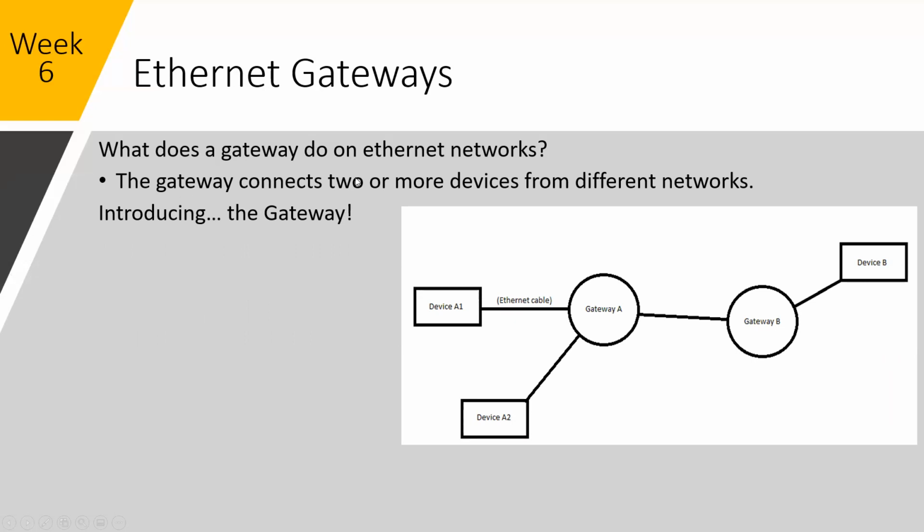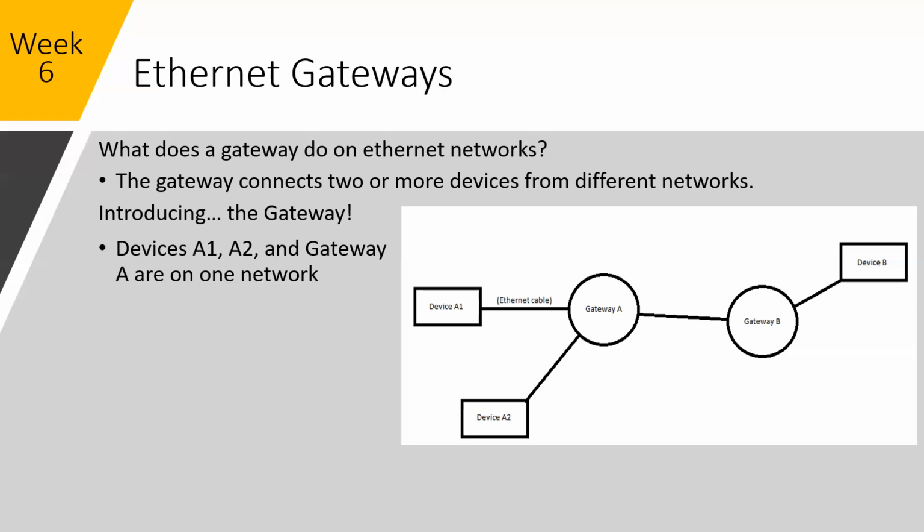So the gateway connects two or more devices from different networks. Devices A1 and A2 connect to gateway A. Gateway A then points to gateway B, and device B points to gateway B, and then the routers will handle the inter-network traffic. And this is the internet. Very low level.